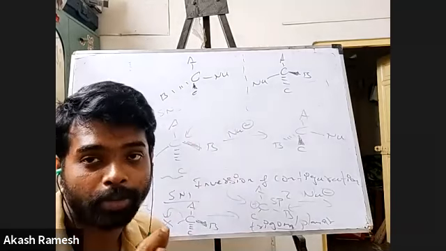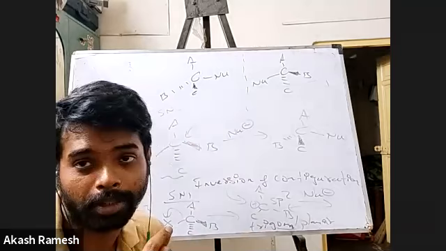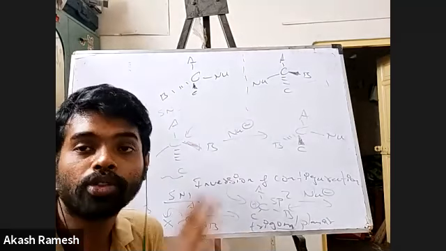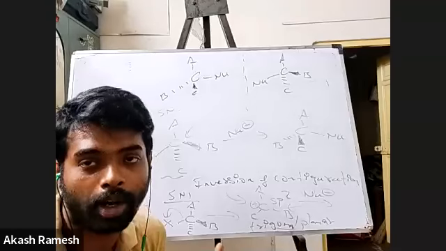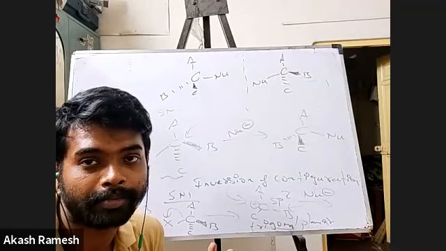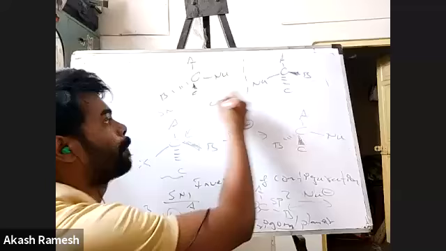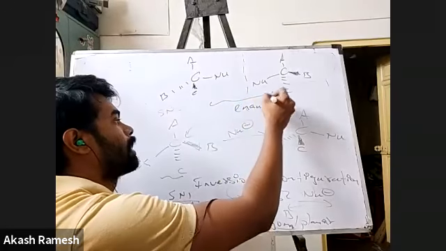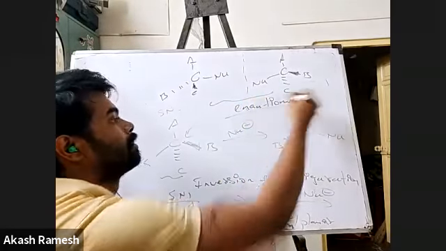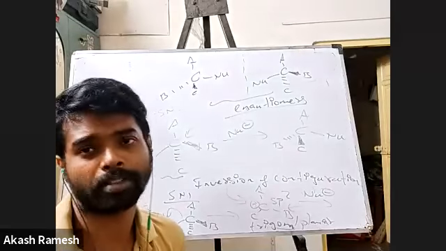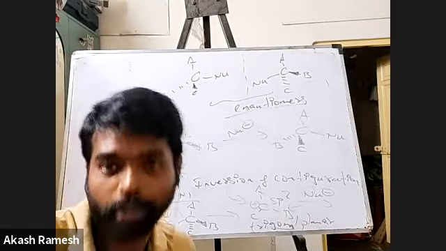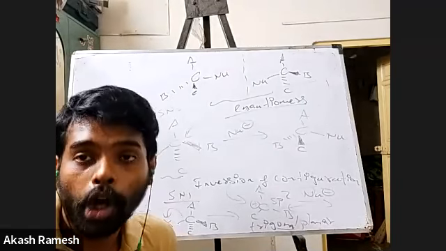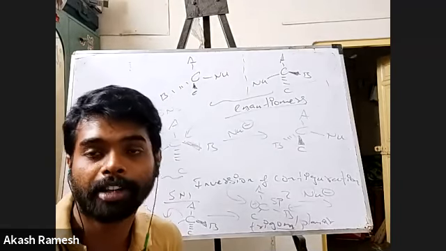What is the name of the isomerism? I know it's stereoisomerism. Specifically, non-superimposable mirror images of each other are called enantiomers. Absolutely. So these two compounds are your enantiomers.